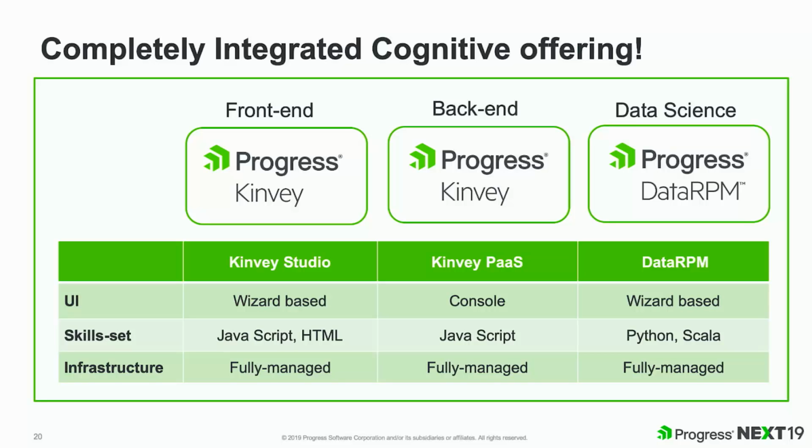So you don't have to worry about, I've done this in a dev environment, and now I have to move it to a production environment. All you have to do is switch in Kinway, and everything is migrated from dev to a production setup.